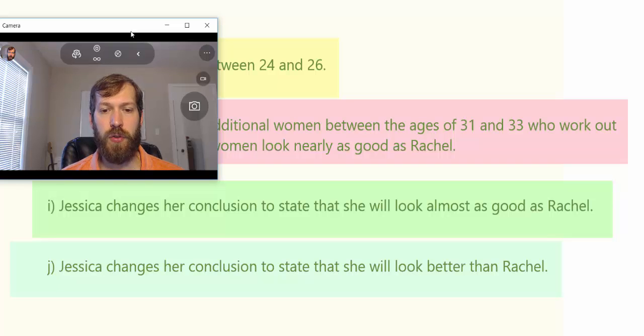But if we change the conclusion to state that you'll look even better than Rachel, well, that's a harder goal to meet. So it's going to weaken the argument, because it's going to be less likely that Jessica will look better than Rachel. Since it's harder, it will be less likely to be true and more likely to turn out to be false.